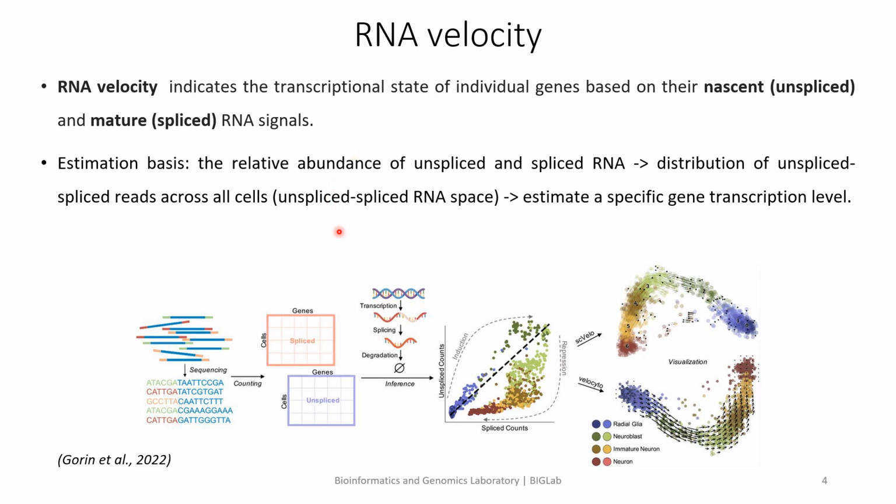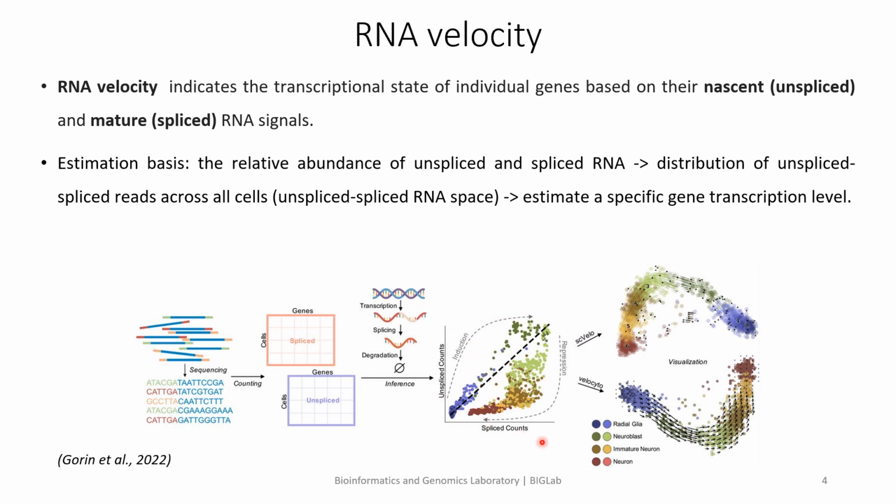So RNA velocity is based on the relative abundance of unspliced and spliced RNA to calculate the distribution of unspliced and spliced RNA across all the cells, and this distribution is called the unspliced-spliced RNA space, and from this it is possible to estimate if a specific gene is being transcribed or inactivated in any single cell, and the dynamics of this gene can be simulated like that.